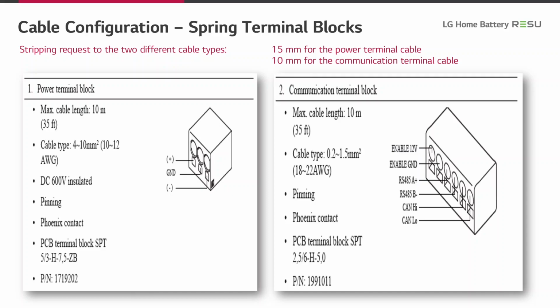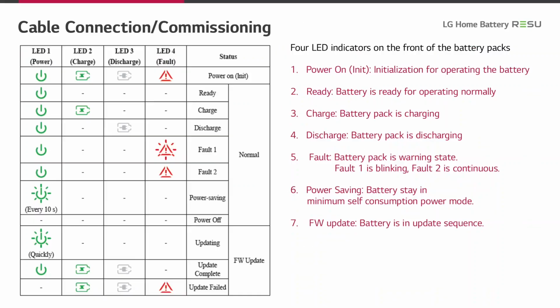The power cables should have a maximal cable length of 10 meters. They should have an insulation of DC 600 volt. The maximal cable length for the communication terminal cables is 10 meters. This chart is also given in the installation manual.